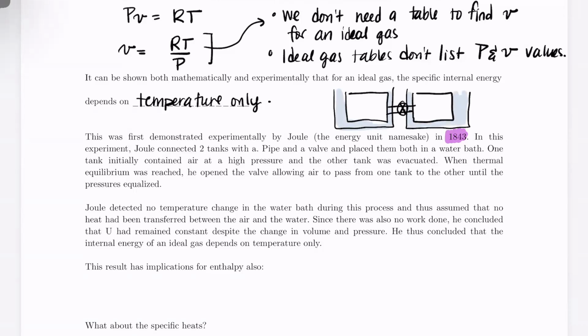One of the tanks initially had air at a high pressure, and the other tank was evacuated. So there was no air in there. He assumed it was a vacuum.